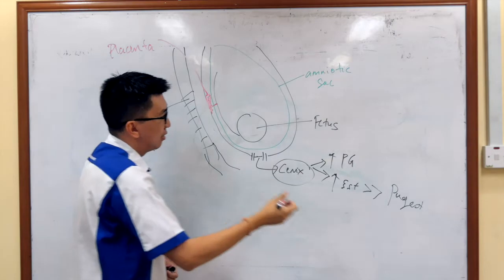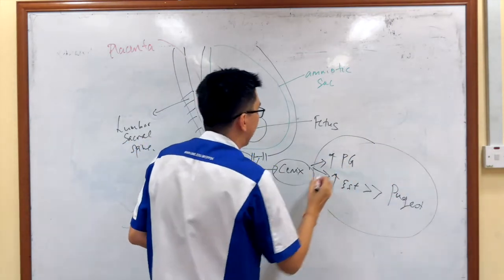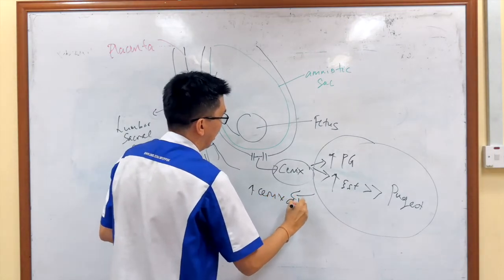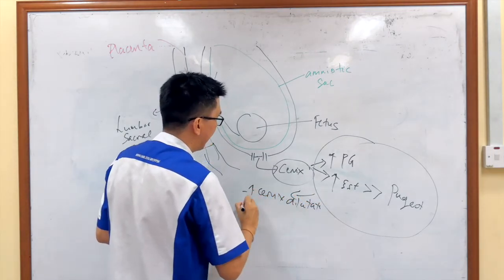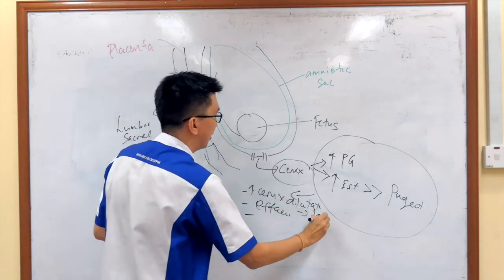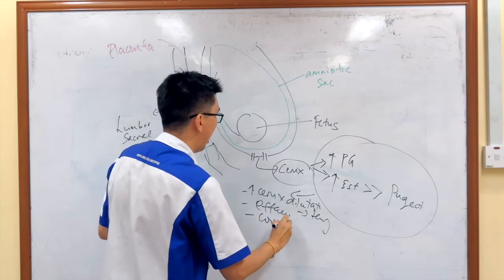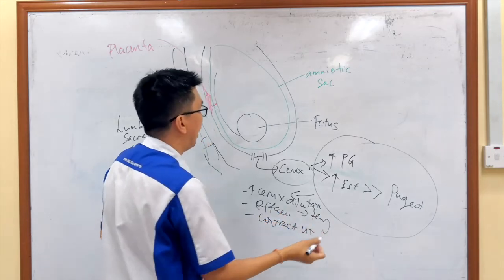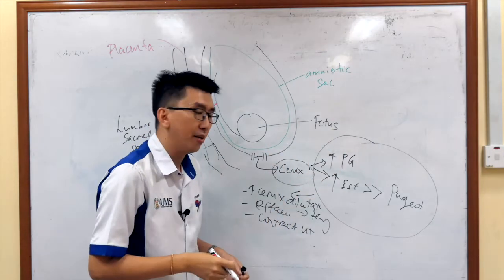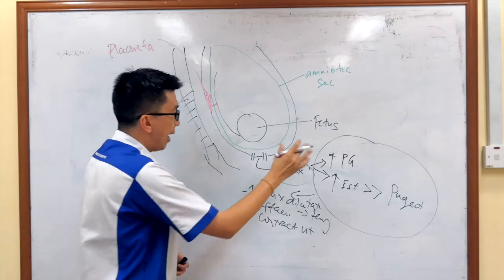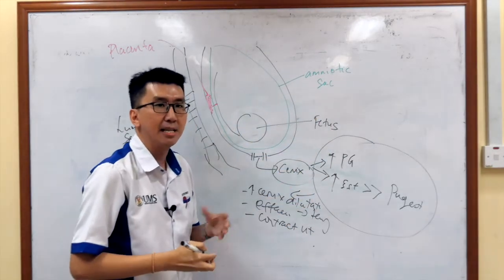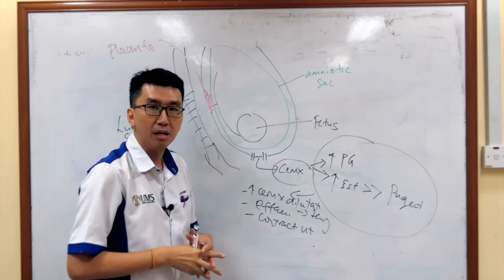With this there will be increased cervical dilatation and then effacement, which will cause further thinning of the cervix and contraction of the uterus. Because the progesterone is already being inhibited by the estrogen, the contraction will be more regular, increased in intensity, and more painful.